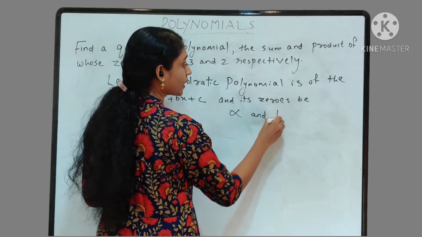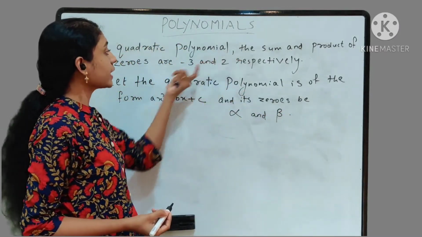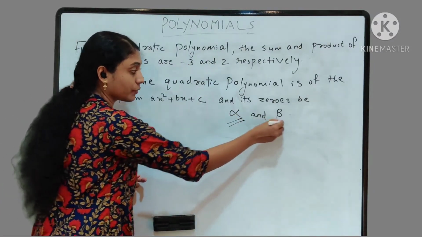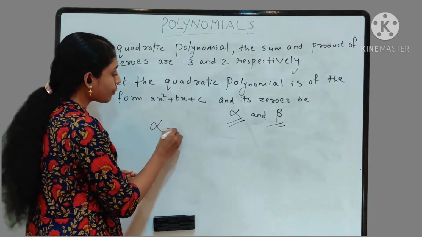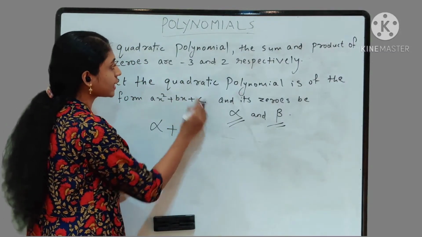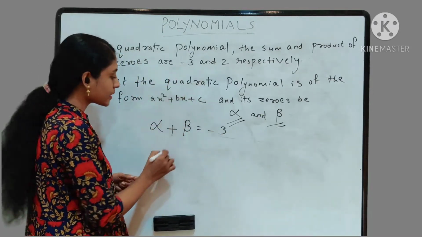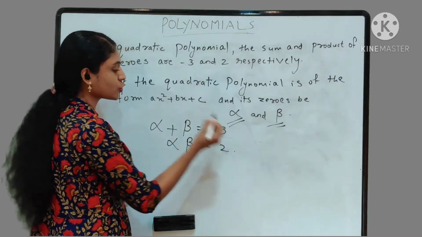We are just assuming that its two zeros are alpha and beta. It is given that the sum of the zeros, alpha plus beta, is minus 3. And the product of the zeros, alpha into beta, is given as 2.